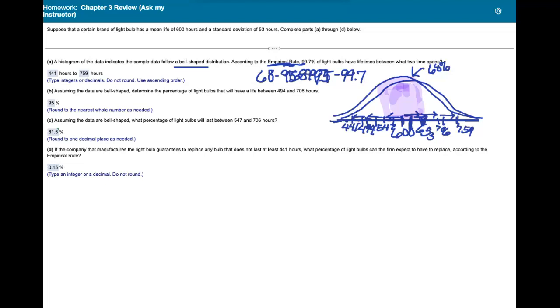Within 2 standard deviations, if I start here, 2 standard deviations to the left, and go all the way over here, 2 standard deviations to the right, this area under the curve, all of this, is 95%. So in the pink, that's the 95%.